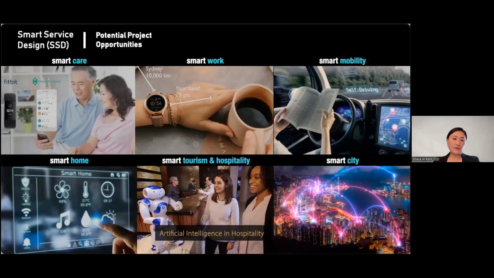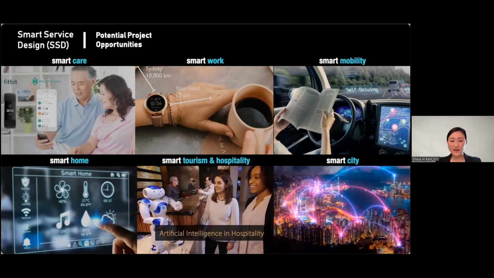As shown in the video, there are potential project opportunities that you can expect from service design. We can reimagine new service scenarios, such as what if a car can drive itself? What new service opportunities can be developed? And what if we only work and study at a certain place without actual human interactions?